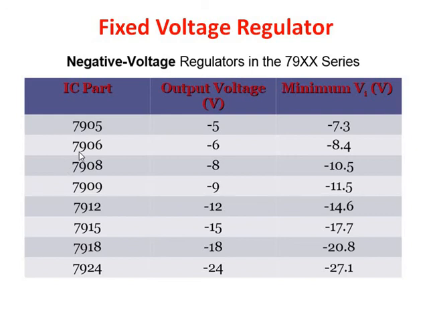If we want a negative supply of minus 6 volt, we use the 7906 IC, whose required minimum input voltage is minus 8.4 volt. And the last one is the 7924, which maintains a constant output voltage of minus 24 volt, with a minimum input voltage of minus 27.1 volt.